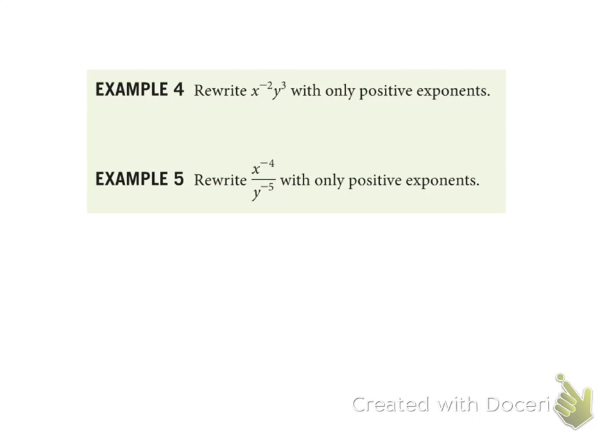Okay. We have to get rid of that negative 2 exponent, so we're going to move it to the denominator. Notice y to the 3rd power already has a positive exponent, so we're going to leave it in the top. So we end up with y cubed over x squared. It's just the x to the negative 2 that we have to move. Questions on example 4?